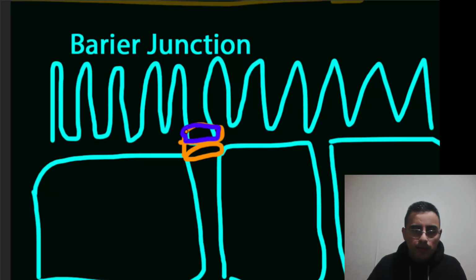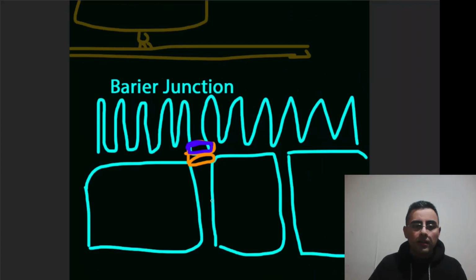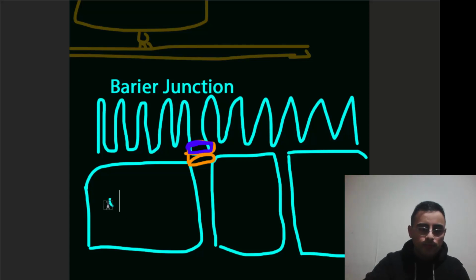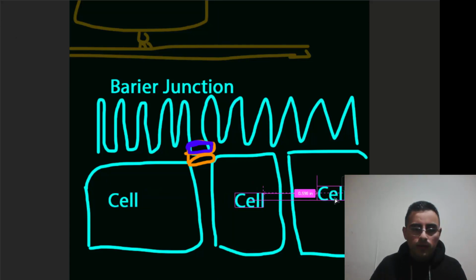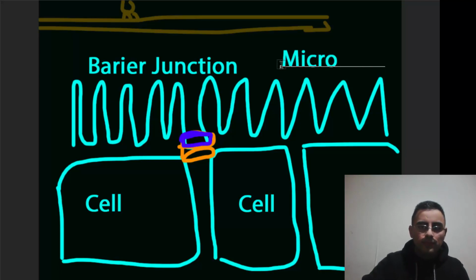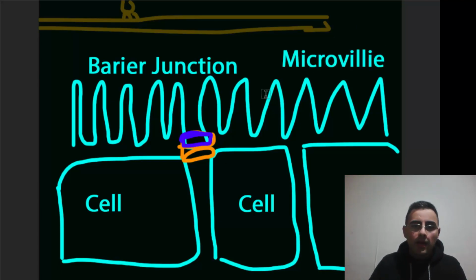This is the first type and another type. Here are the cells, and here are the microvilli.